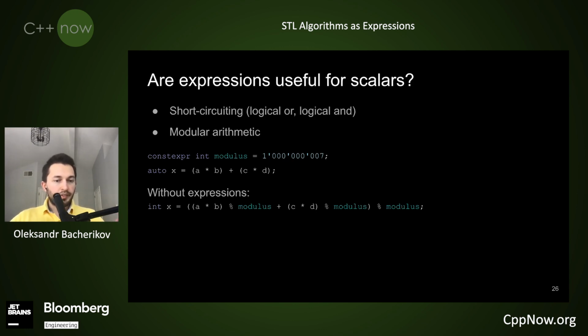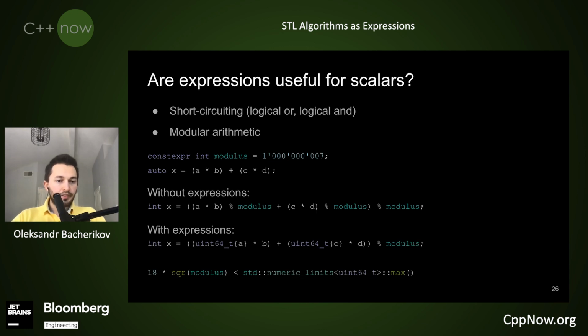So without expressions, suppose you have a type to wrap your numbers, which applies this modulus every time. In that case, you would need to apply remainder operations 3 times. And this is a comparably expensive operation to do.